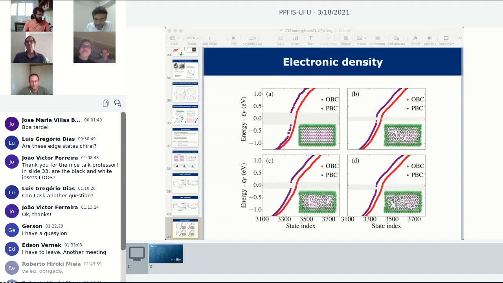And I have a question. Have you guys investigated how large this hole has to be for the state to form, or in other words, how large is the hole before it becomes an edge? If that is an edge state. Yeah, I wish.